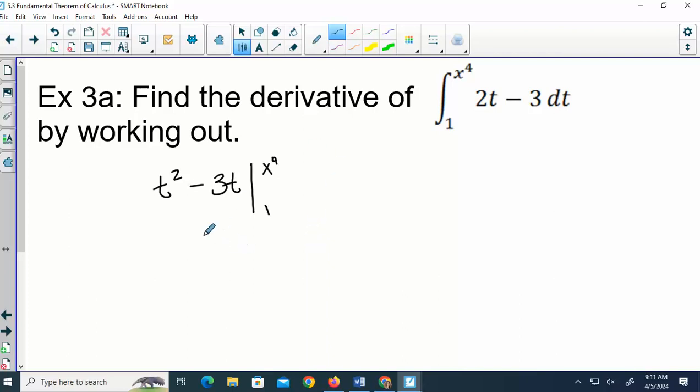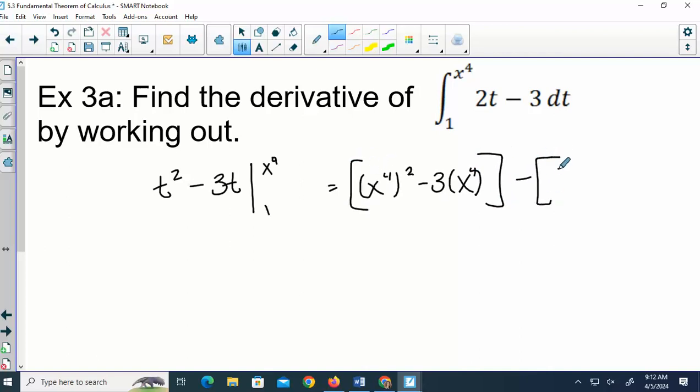Right, so if I plug in my x to the fourth, I get x to the fourth squared minus 3 times x to the fourth, minus, if you put in a 1, 1 squared minus 3 times 1. 1 minus 3 is -2, so minus -2 makes +2.